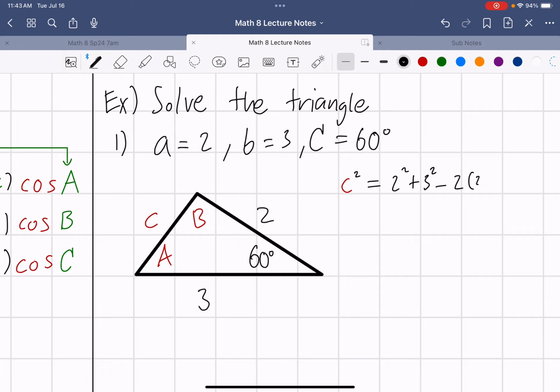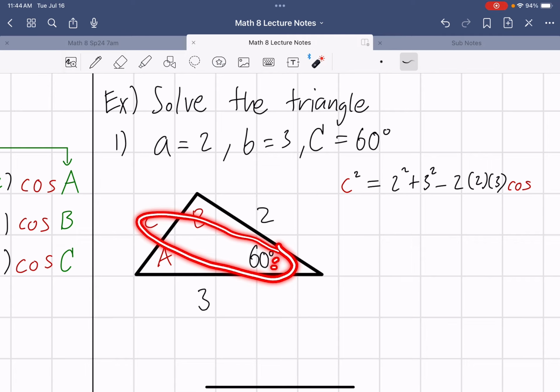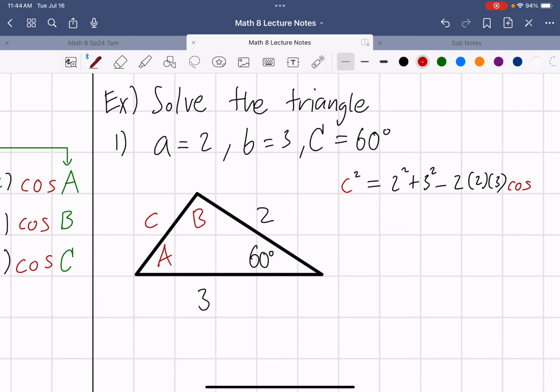So that's going to be 2 times 3. And then I'm going to multiply by the cosine of the angle that's corresponding to this side, which the angle that corresponds to it is 60 degrees. Hence, we only have one unknown variable in one equation.